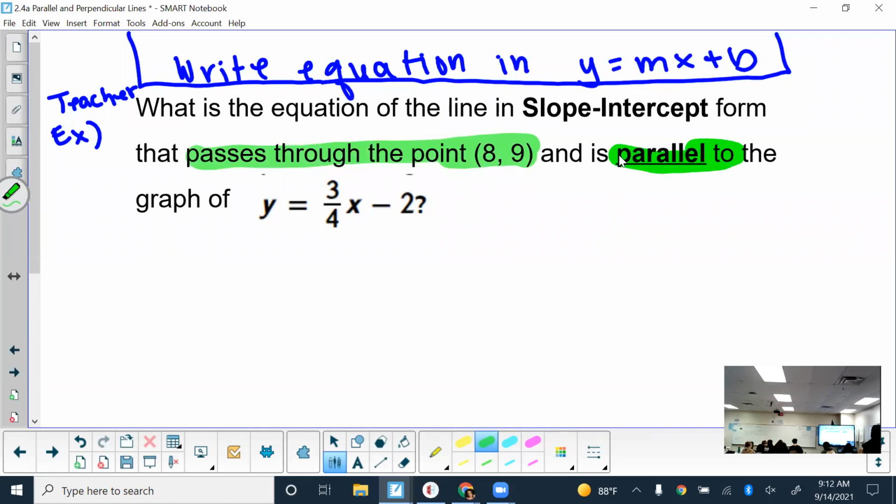And parallel to y equals 3/4 x minus 2. All right, we're going to overall write an equation in slope-intercept form, but it must pass through that point and be parallel to that line.